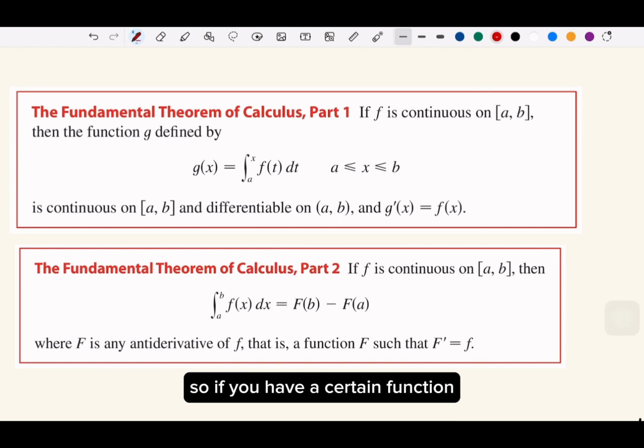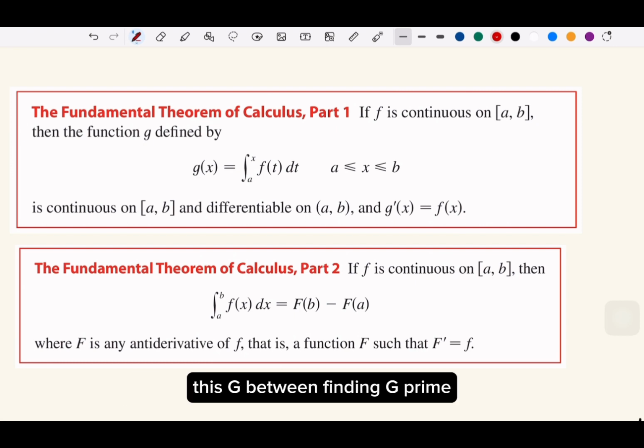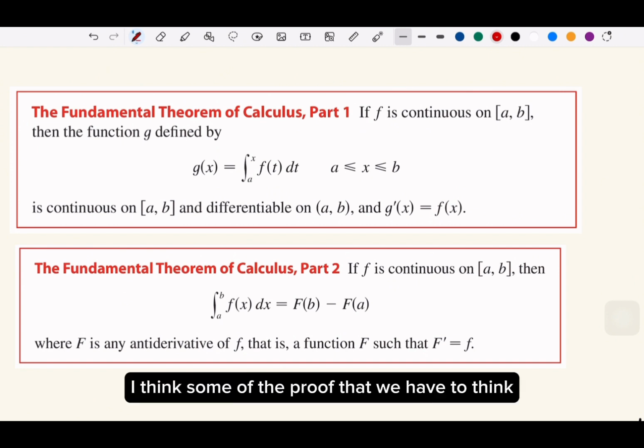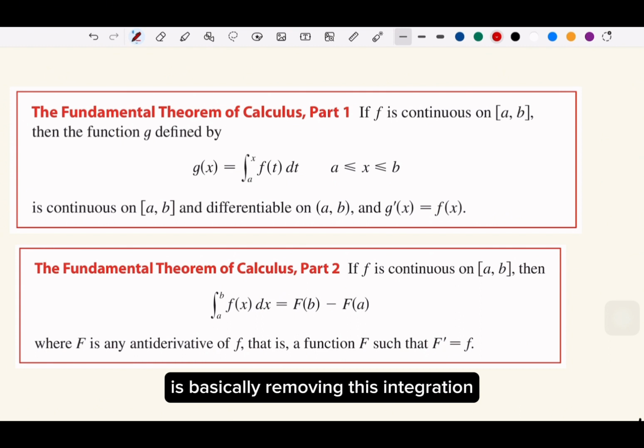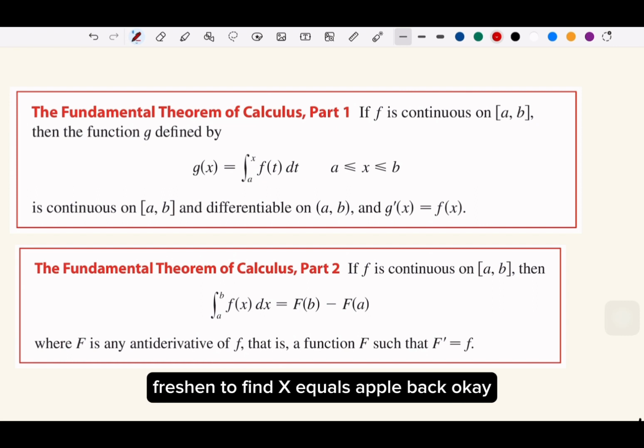So if we have this g and we would like to find the first derivative of g, which means finding g prime, what you are going to do, based on the proof that we have seen, is remove this integration and substitute x for t. So we have the expression g prime of x equals f of x.